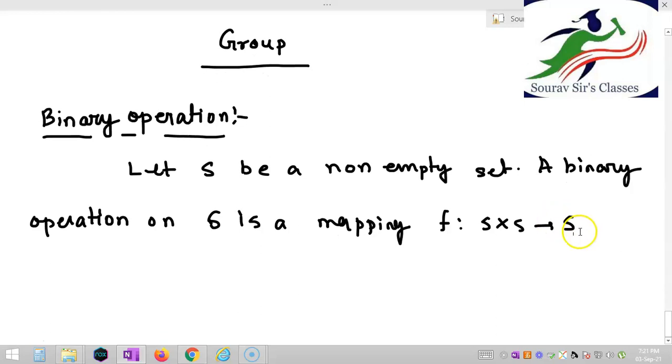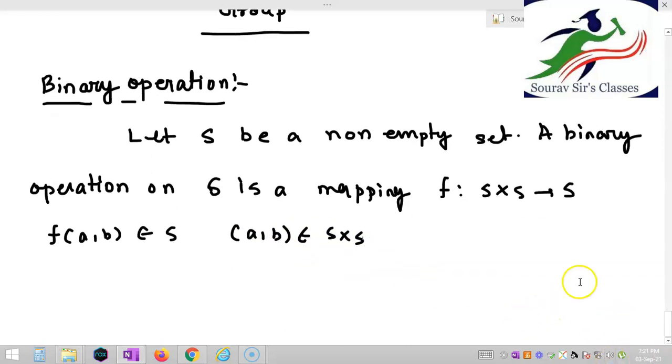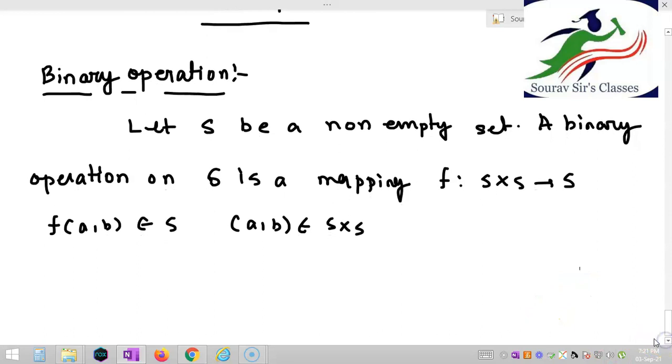So it means it is taking two elements of S to another element of S. Okay, that is f of (A, B) belongs to S, where A comma B belongs to S cross S. Now this binary operation is sometimes denoted by composition, this star, this plus circle, this plus, this minus circle.